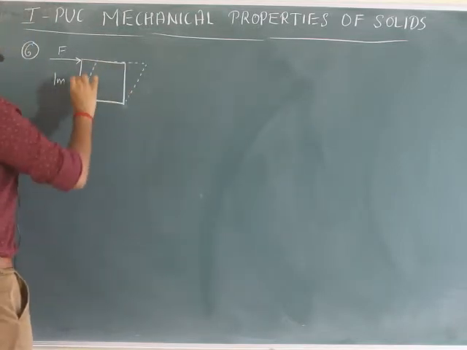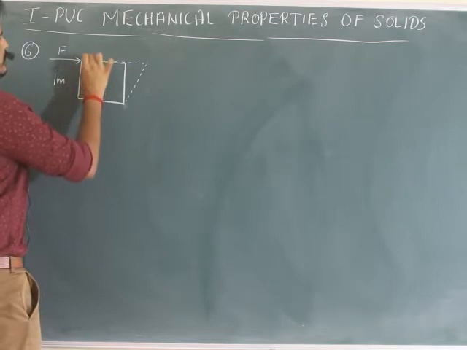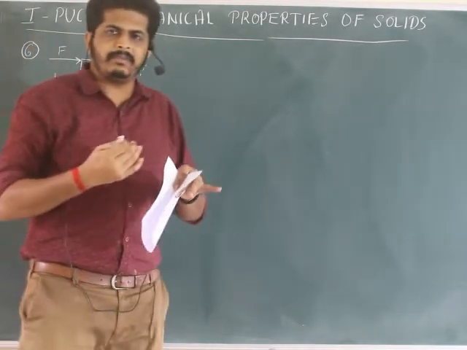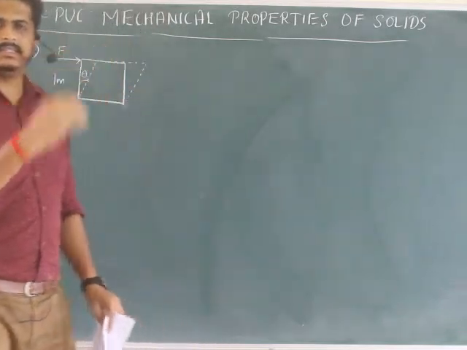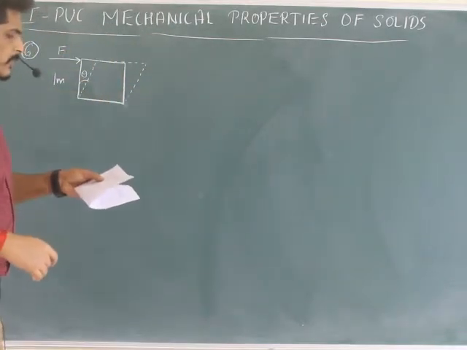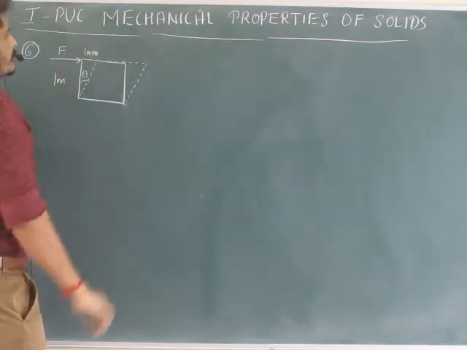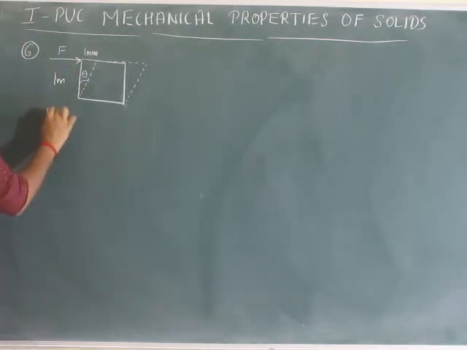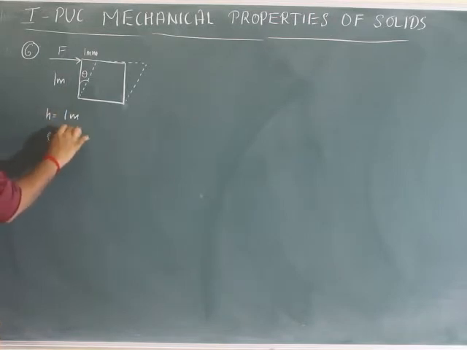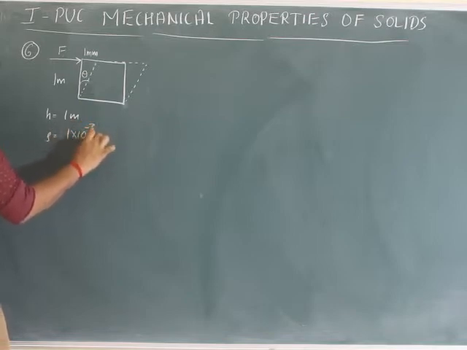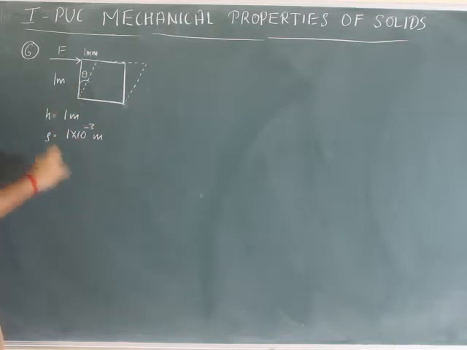During the explanation I have shown you. This is theta, and this is nothing but S, the deformation, which is 1 millimeter. So H equals 1 meter. S is 1 millimeter, that is 1 into 10 power minus 3 meter, because I am writing everything in the SI system.